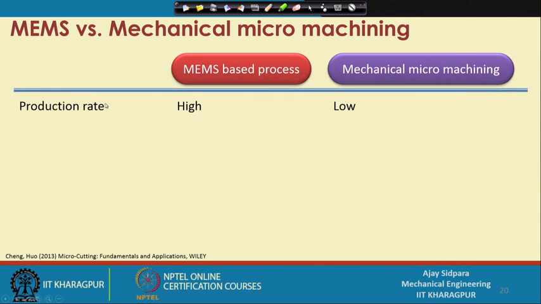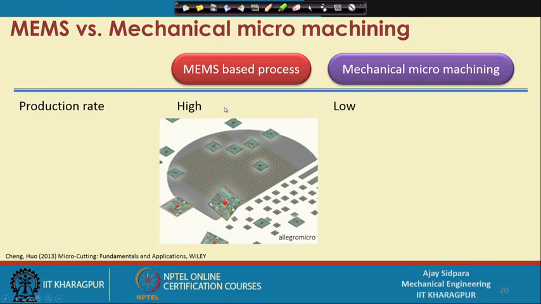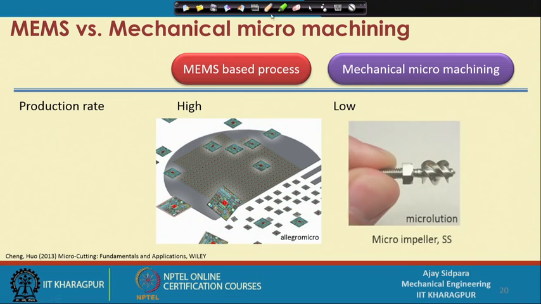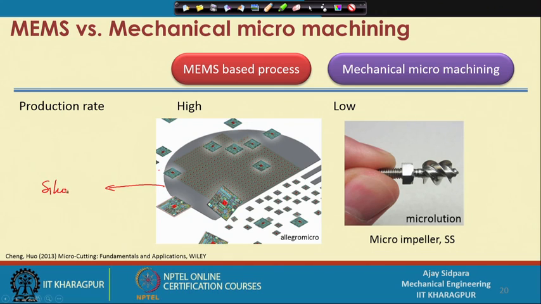Now, another one is the production rate. It is very, very high in terms of MEMS products, because all these processes are chip based. This is a silicon wafer, and these are the individual chips, or integrated circuits, or IC chips.